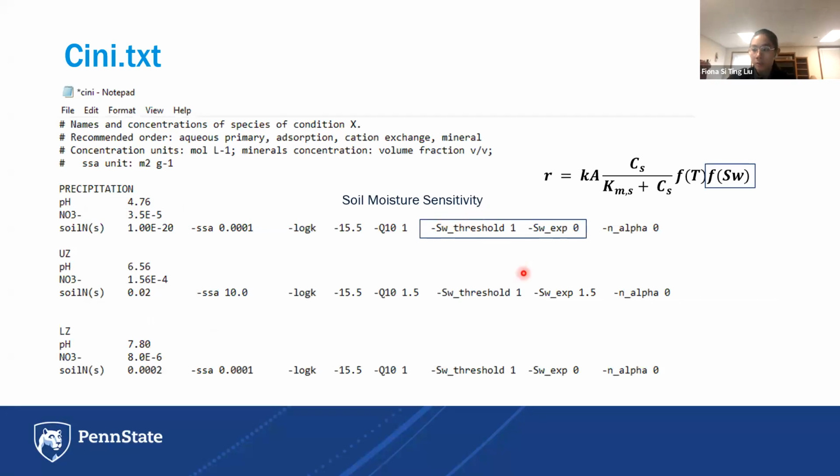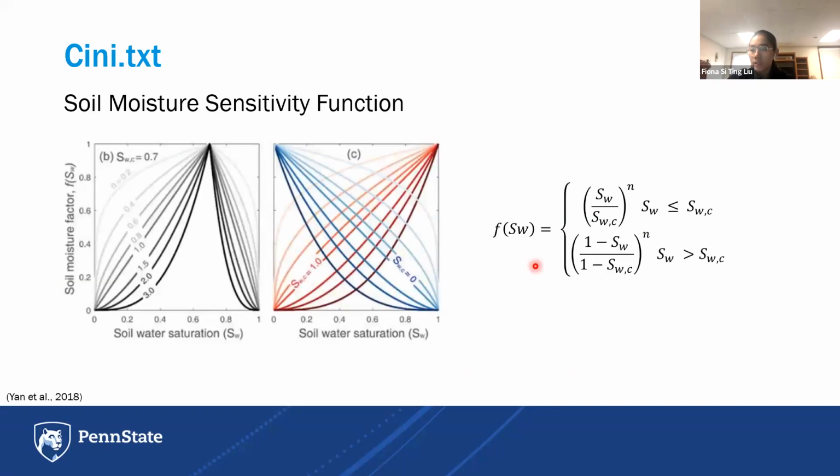So the next two parameters will define our soil moisture sensitivity. In general terms, the soil moisture sensitivity factor is a function of three components. First, we have this SW term, which stands for the actual soil moisture. We have this SW threshold term, which stands for the critical soil moisture term. And then we have this N component, which is an exponent. What we're trying to indicate here is that when the soil moisture is below this critical value, the decomposition rate is slower because the reactions are limited by the amount of water available.